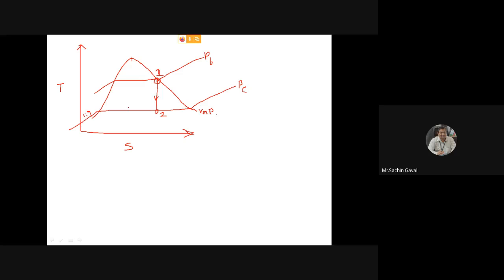And 2 to 3 is at condenser pressure, complete heat rejection in the condenser, and then point number 3. From point number 3, it goes in vertical direction to point number 4. So 1, 2, 3, 4: this happens in turbine, pump, condenser, boiler.